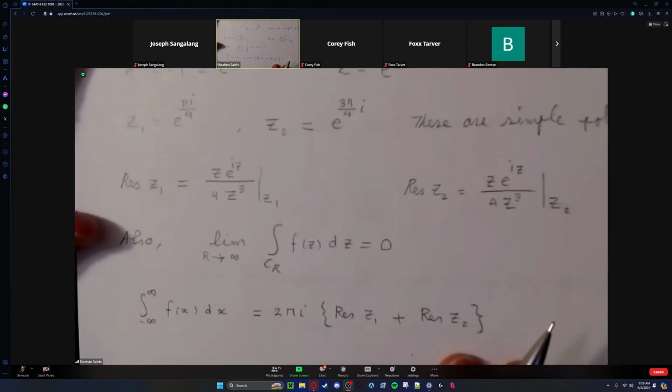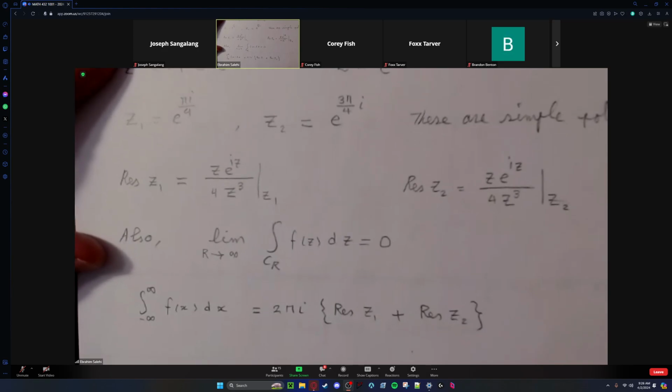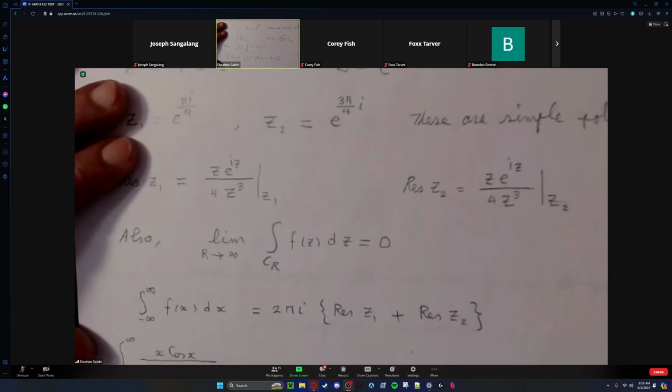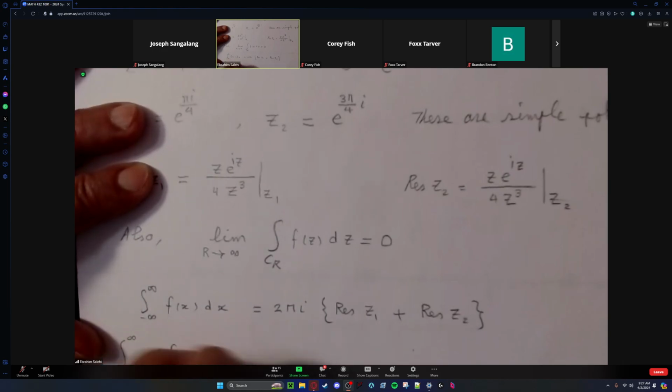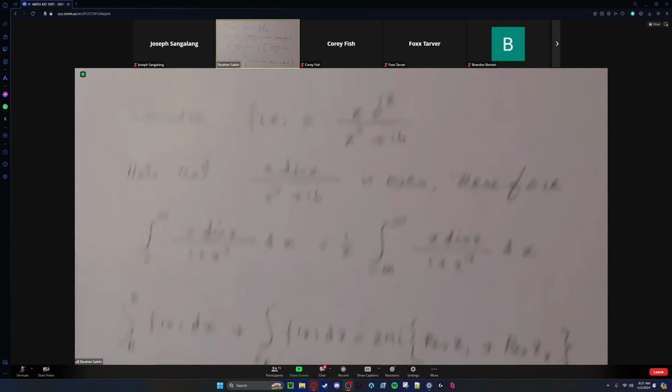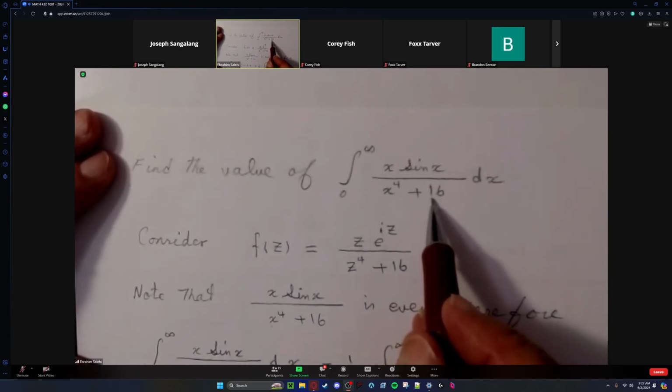So on the left-hand side, actually we have two integrals, negative infinity to infinity, x cosine x over 16 plus x to the 4, sorry, all of it 16, because I have 16 here.